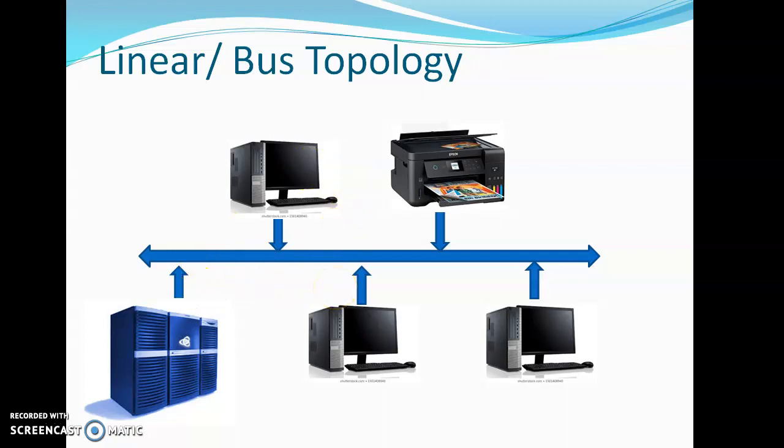When we say broadcast, I mean everyone connected within the network will receive the message. So once the message is available in the main cable, whoever the message is intended for, say this computer, will go to the main cable and accept the message from there. This is how your data will be transmitted here.